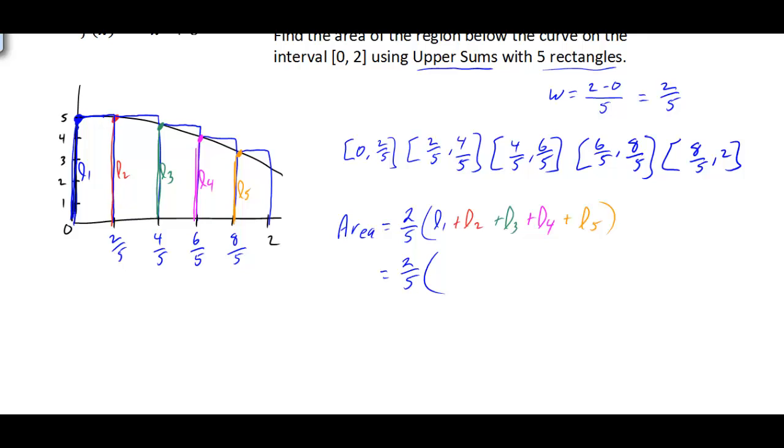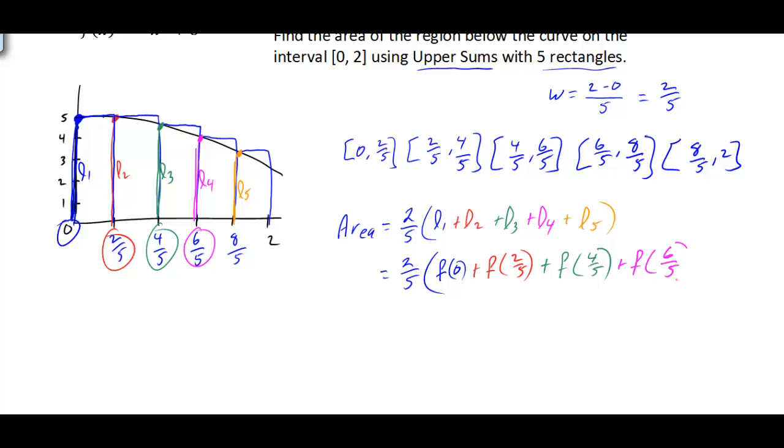So here we're going to evaluate f of 0, and then we're going to have plus f of 2/5 plus f of 4/5 plus f of 6/5 plus f of 8/5.